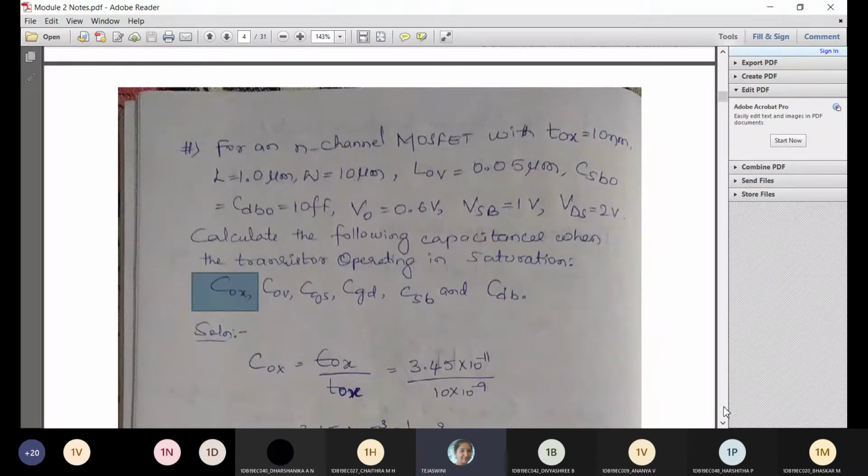All of you do it and tell me what is the value of oxide capacitance you are getting. You have all the formulas in your hand, direct formula substitution. Try to solve this. Solve all the capacitance and tell me.